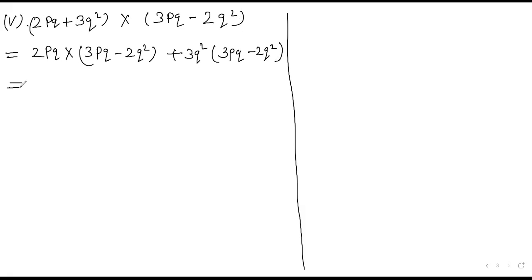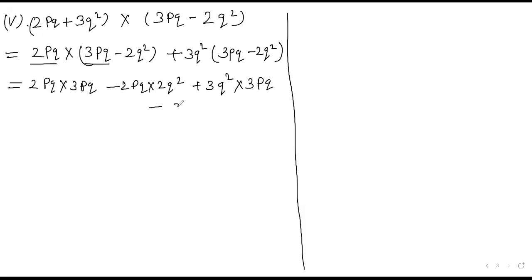Okay, now 2pq is multiplied with this one. So 2pq is multiplied with 3pq minus 2pq is multiplied with 2q square, plus 3q square is multiplied with 3pq and minus 3q square is multiplied with 2q square. Because plus and minus gives you minus, right?